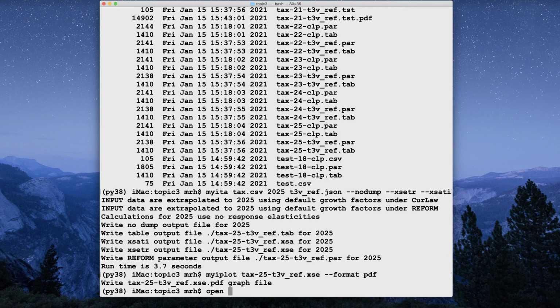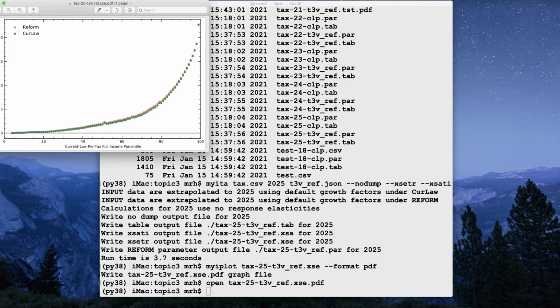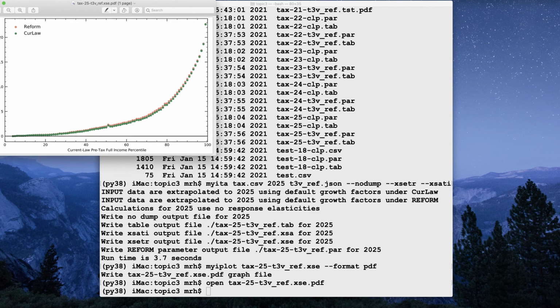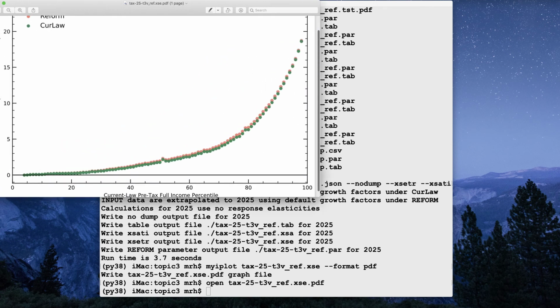I guess on Windows, at this stage you would somehow start Adobe Acrobat or the Windows Reader program. I'm not sure exactly how to do that on Windows, but here on a Mac, you can simply use what's called the open command. And here we go. So let's make this a little bigger.